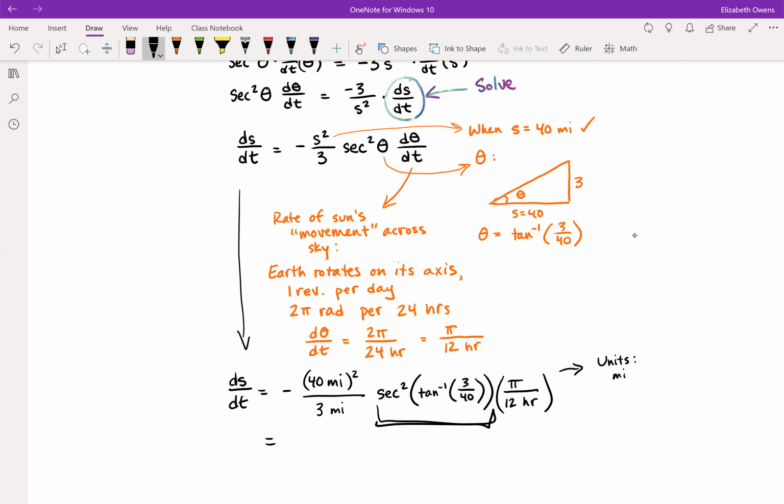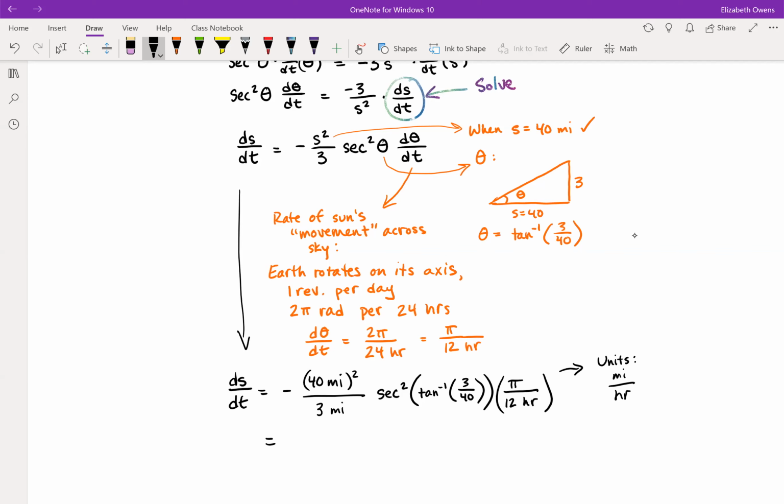All of this portion is unitless, 3 miles over 40 miles inside of tangent inverse there, and then doing secant squared, that doesn't add any units to this. And then pi, the radians again, are assumed to be unitless. And then we have over hours. So units are miles per hour.